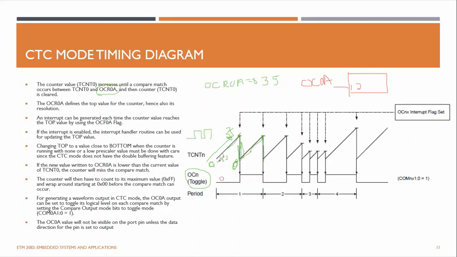The voltage is 0. When it reaches that 35 value, the comparison of OCR0A, the timer will be reset to 0. At the same time, the OC0A pin will be set to high. Then the time is updating, and when it goes there, the OC0A pin will be reset.